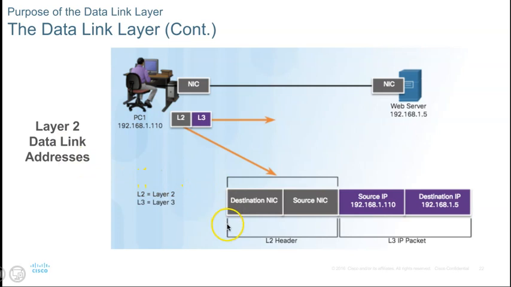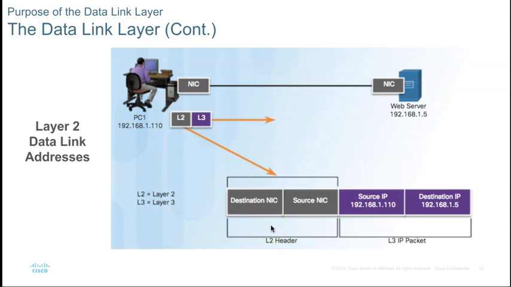You can see at layer 2 what is added: the destination NIC MAC address and the source NIC MAC address.